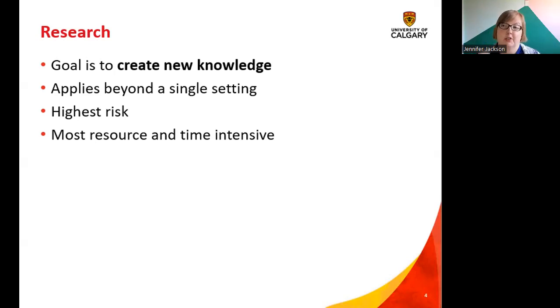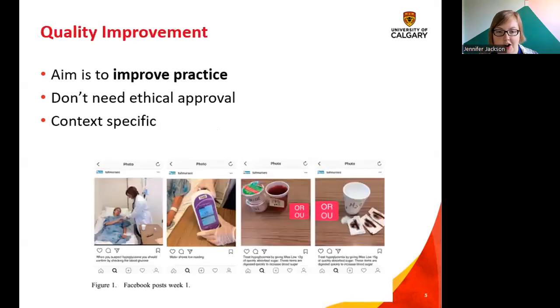If someone becomes distressed during an interview, there's a plan to get them some support. Like, all of those things have to be thought through in advance. So research can give you a really solid answer, but you're going to wait for that answer, and it takes a long time.